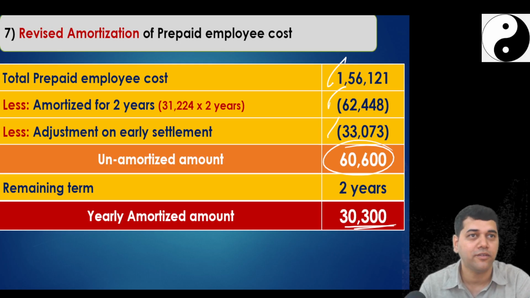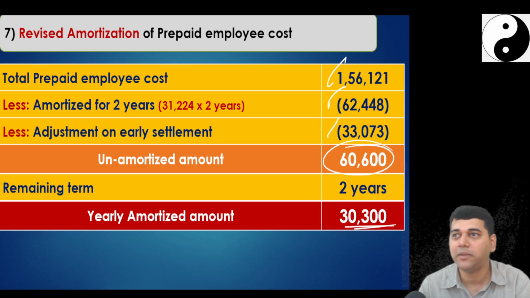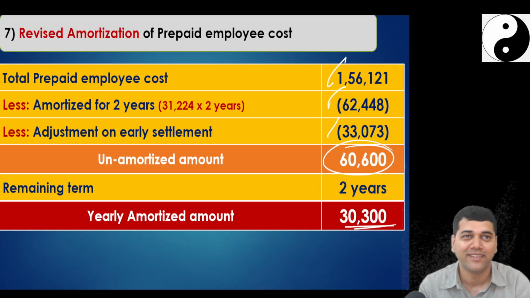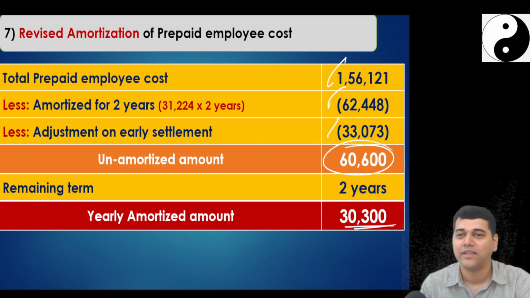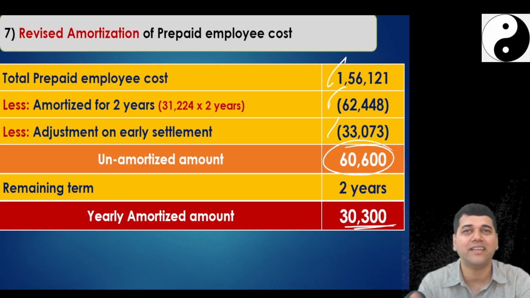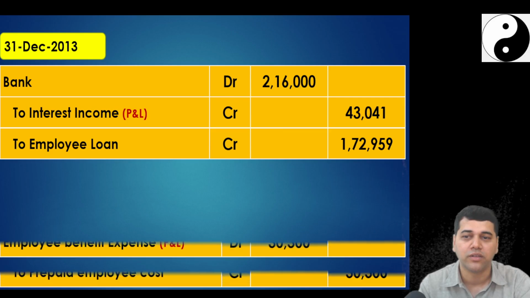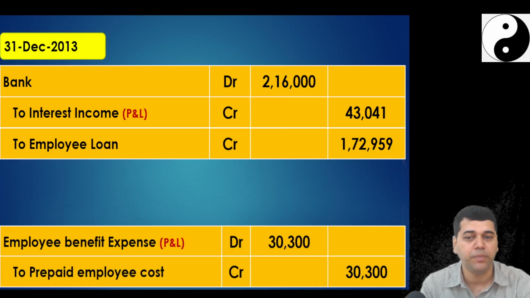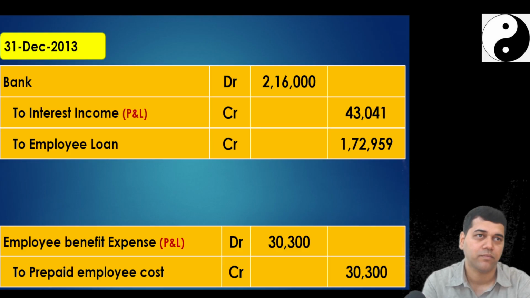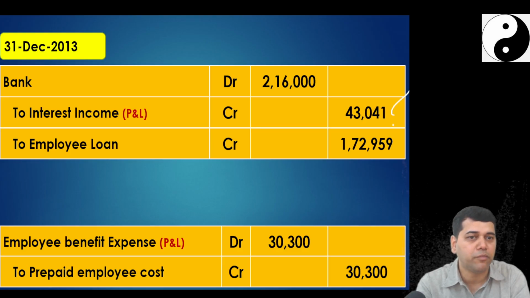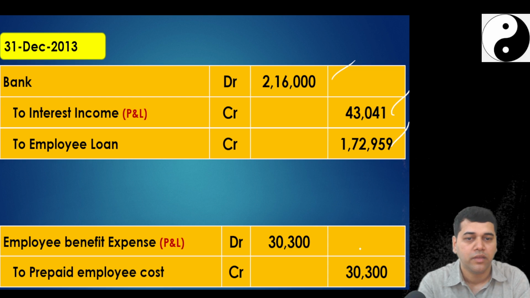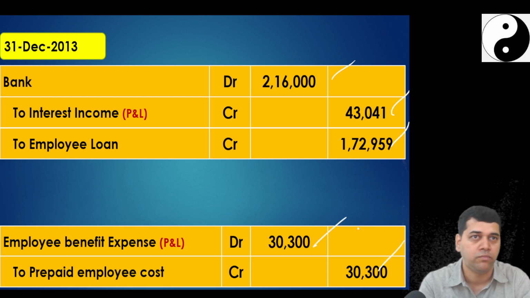Finished your entries also? I thought by now you had finished your entries also. Next to your entries. So the next entry, this is actually child's job now. You say bank to interest income to employee loan, employee benefit cost to prepaid employee cost. Same now. This will come from a new amortization schedule. And this is what you have just now calculated.